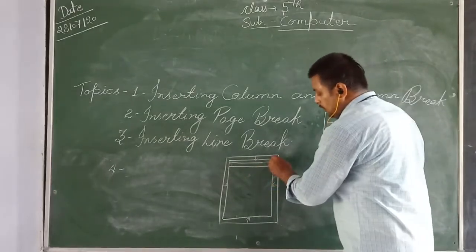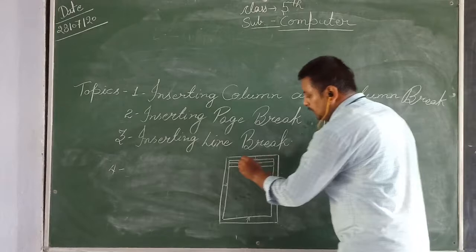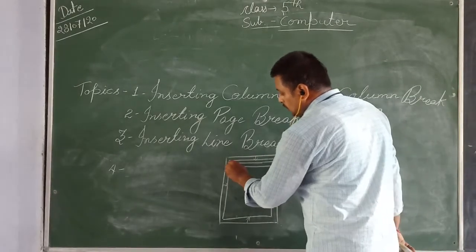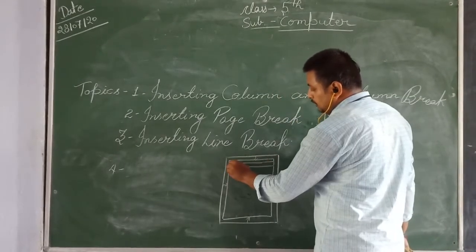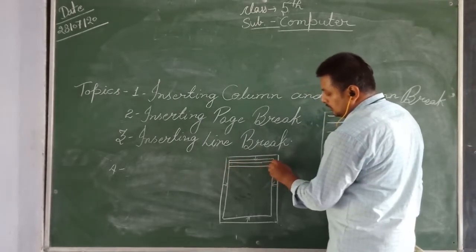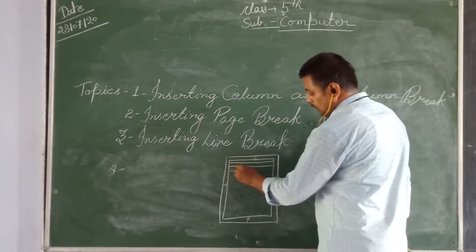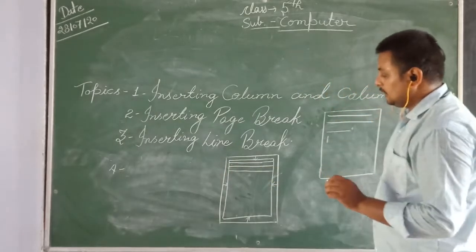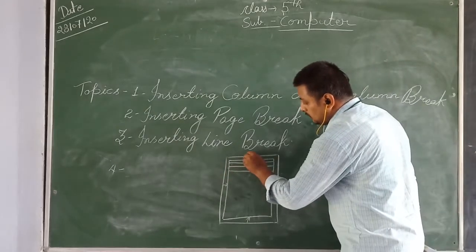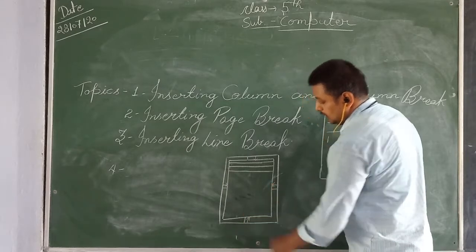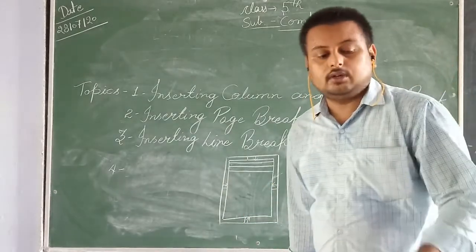Whenever your text reaches here, it will complete this line, and after that change the cursor to this position, and when the second line is filled, the cursor will move to the third line automatically. Okay, and it will leave the space here, on the right side and the bottom side. So this is known as margin.